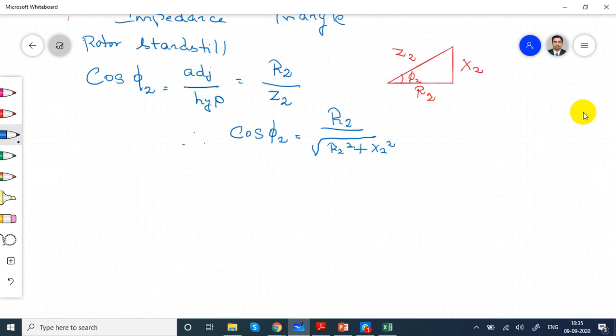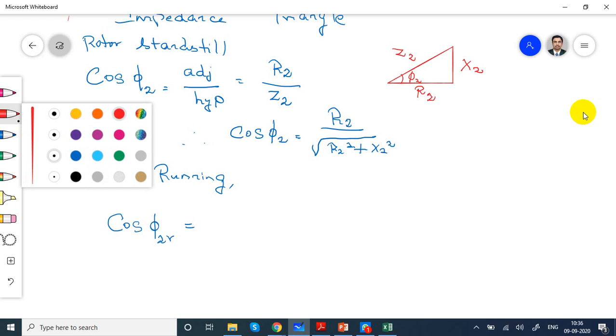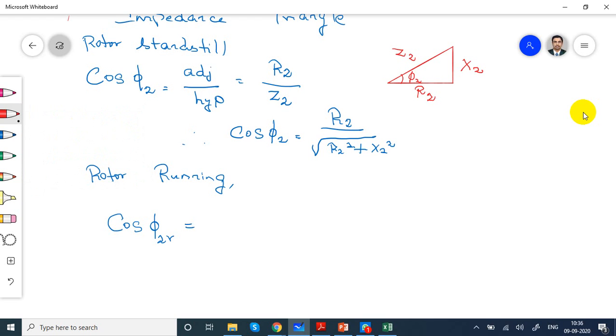In the same manner, we are going to find the power factor at rotor during running. What is the running condition? Same, cos phi 2R. So again we have to draw the impedance triangle. How to draw the impedance triangle?